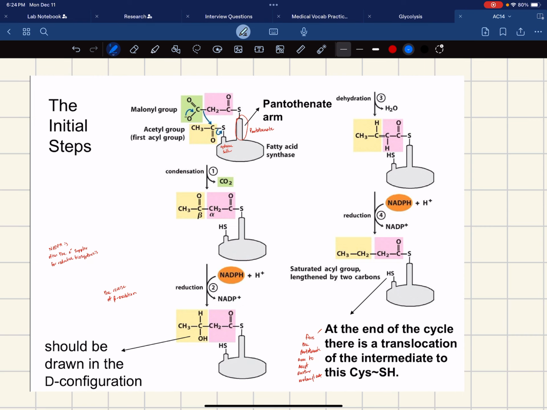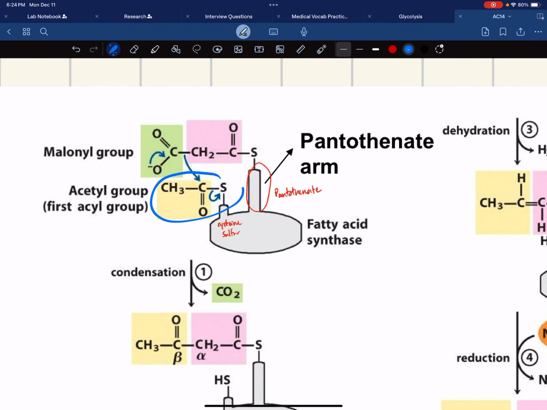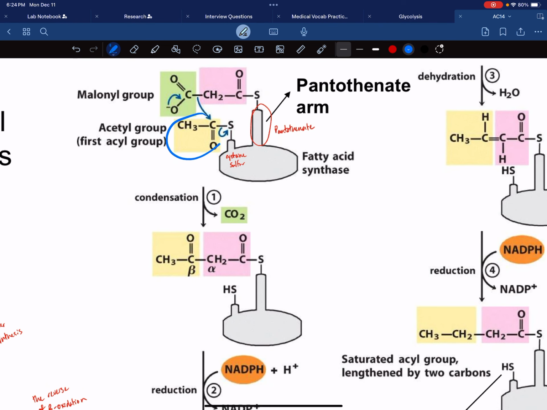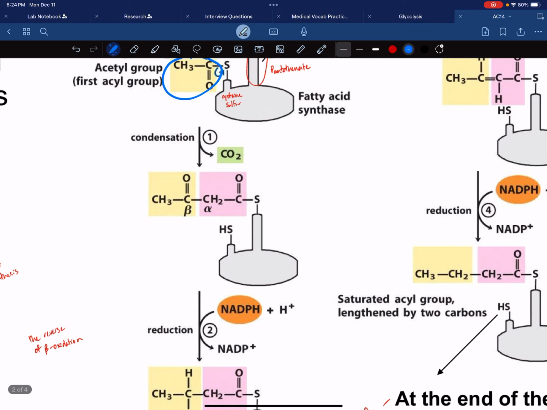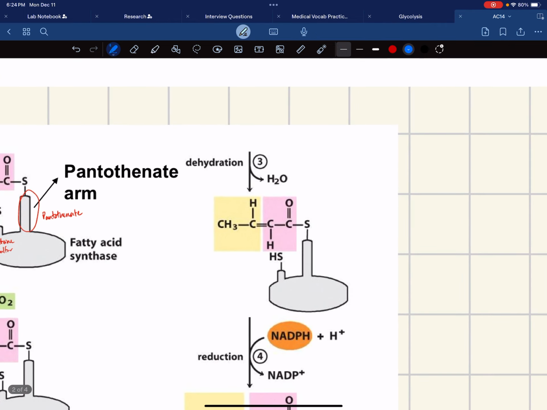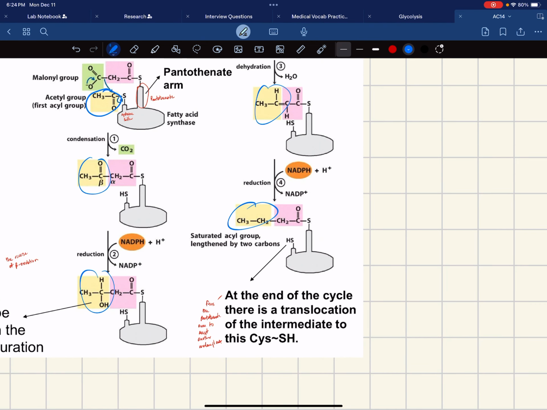If you look at the cysteine of this sulfur right here, that's where the first acetyl group is going to add, from acetyl CoA. If you follow this yellow block all the way down, it's right there, right there, right there, and then at the end it stays on the end. Then there's a translocation of this back to that cysteine, and the cycle begins all over again.